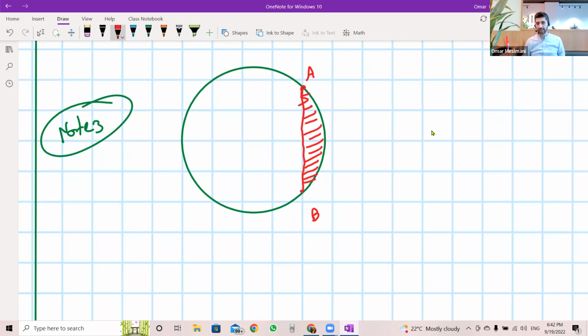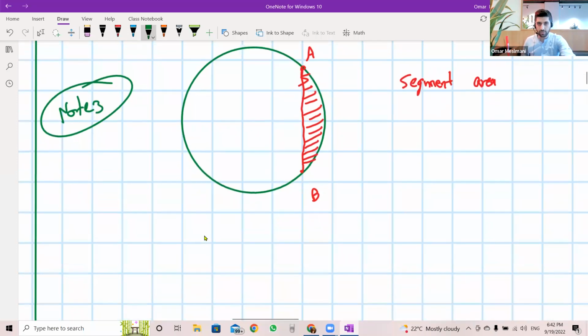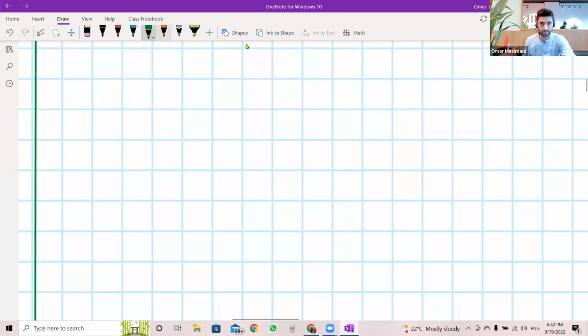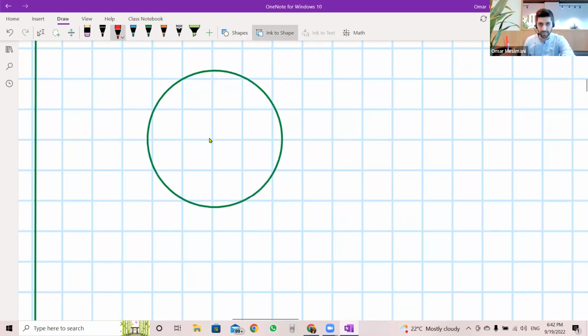To calculate the segment area, you have to do two things. First of all, you need to calculate the triangle area OAB.